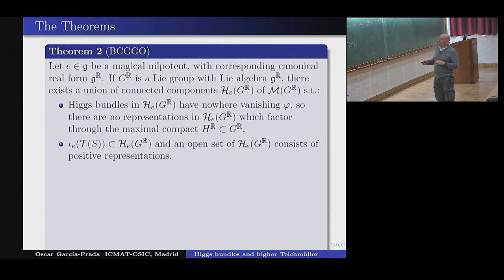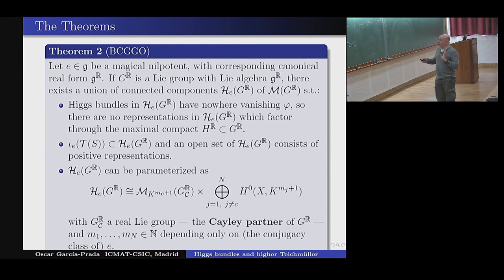The other one is that if you take now the image of the Teichmüller component, that determined by the SL2R, so that is in here, then that defines an open set, because of openness, and we can prove that those are positive representations, right?